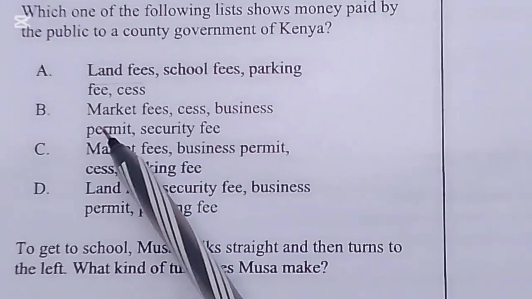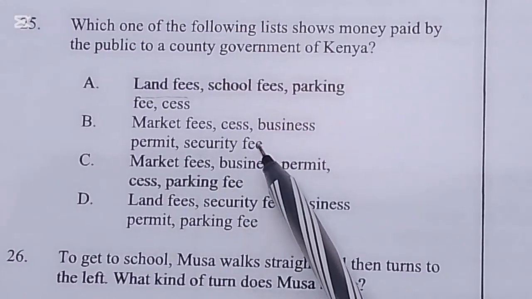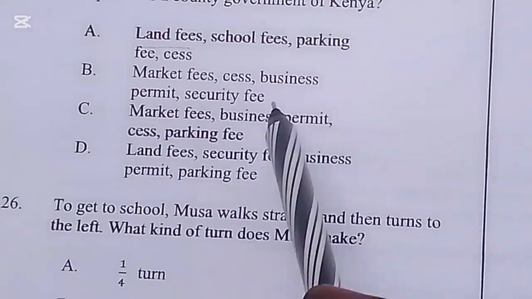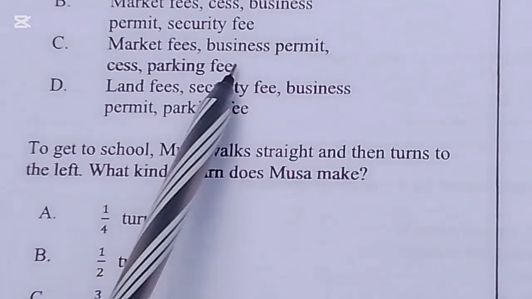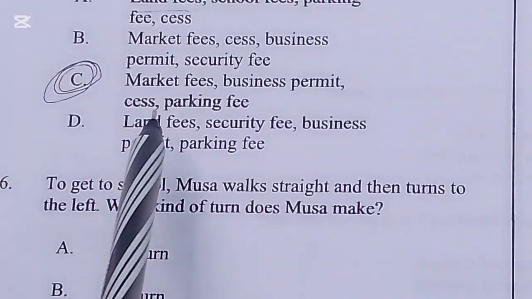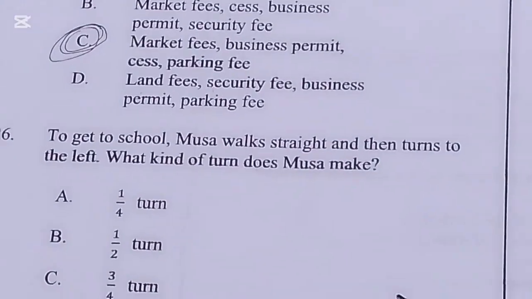Number B, market fees, cess, business permit, security fee. This one is for the national government. C, market fees, business permit, cess, and parking fee. This one is for the county government, because D, we have the land fees, which is for the national government.